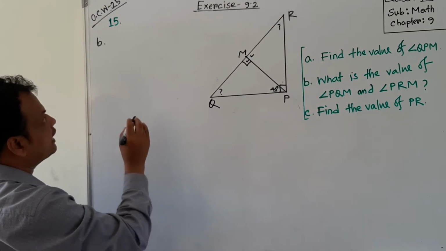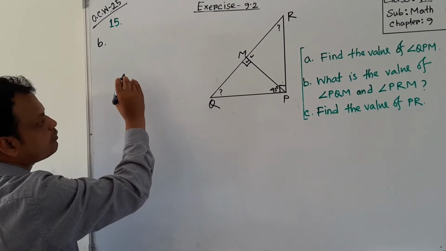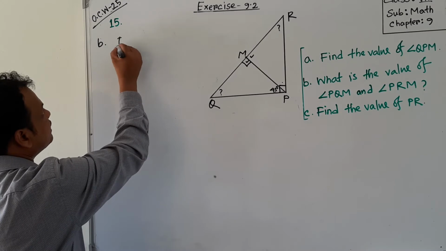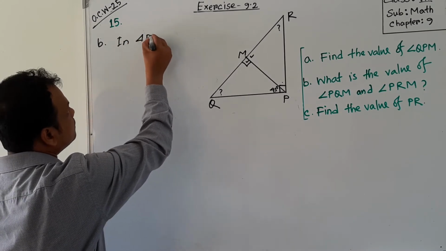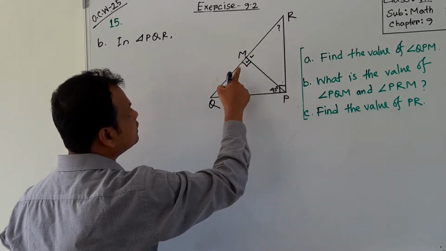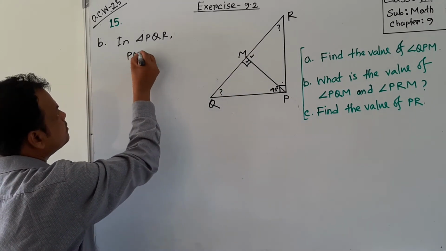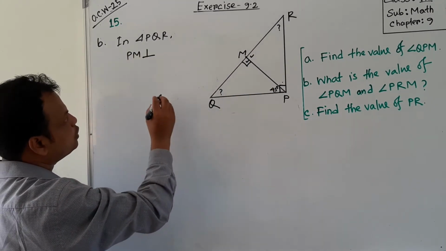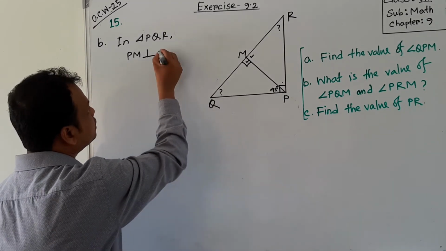So at first we will write, in triangle PQR, PM is perpendicular to QR.